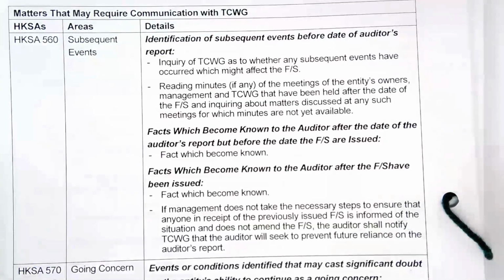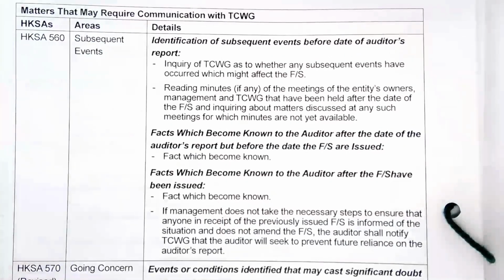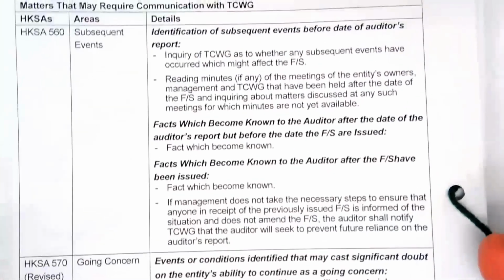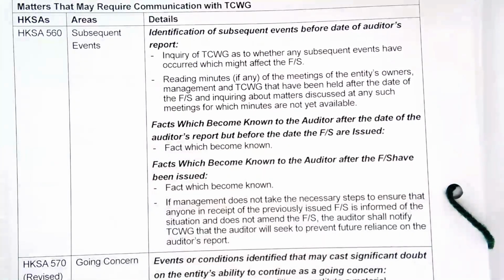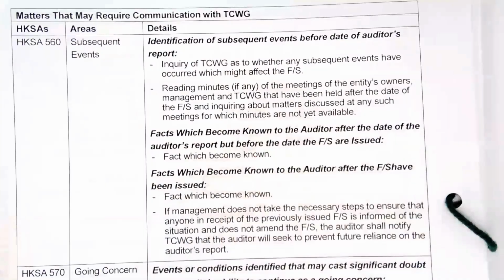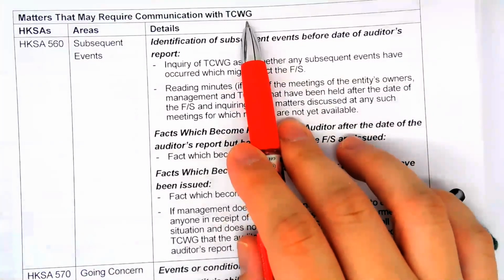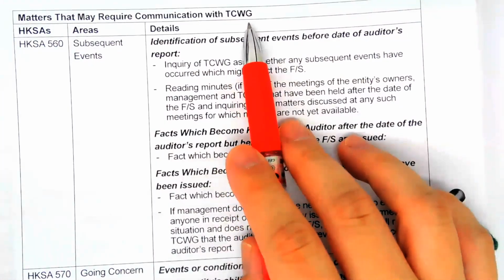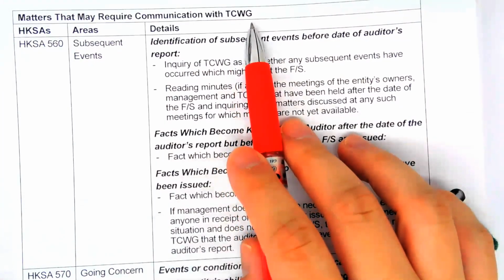Okay, I wouldn't say there will be a question with a lot of marks within this, but this is actually helping you to know the different areas or different topics within the whole audit process that are important to those charged with governance, because they are important to management and those charged with governance. That's why they are important to us as auditors. That's why they are important to you as a candidate in this examination.